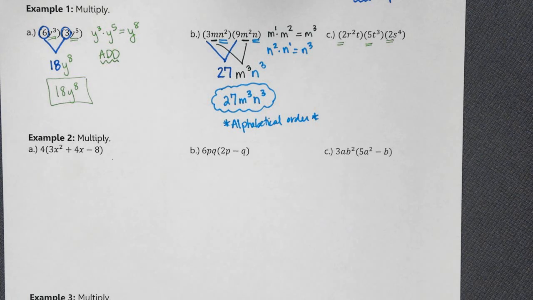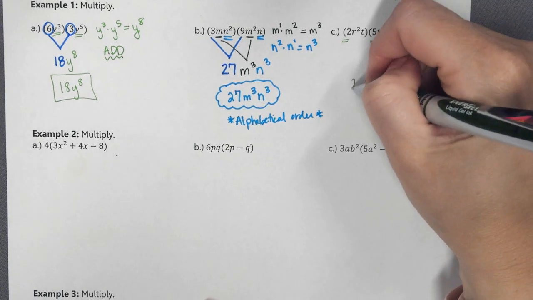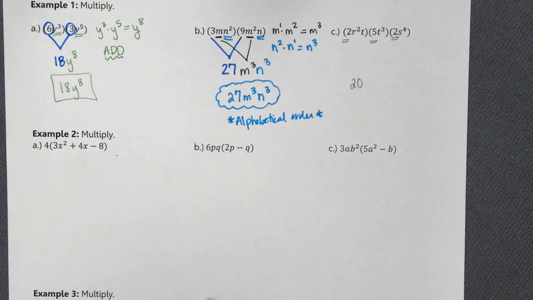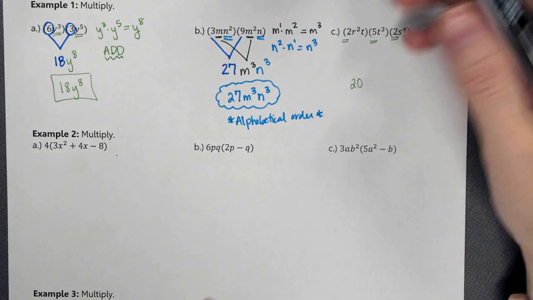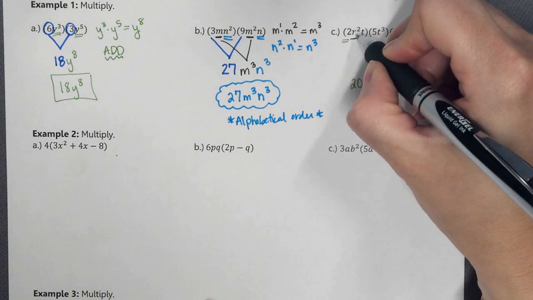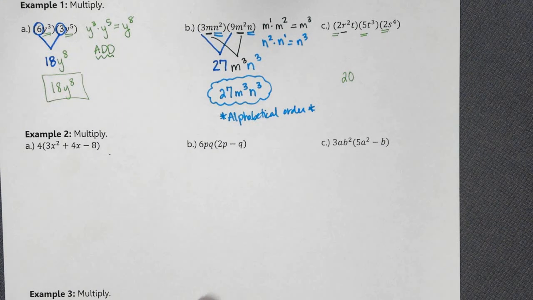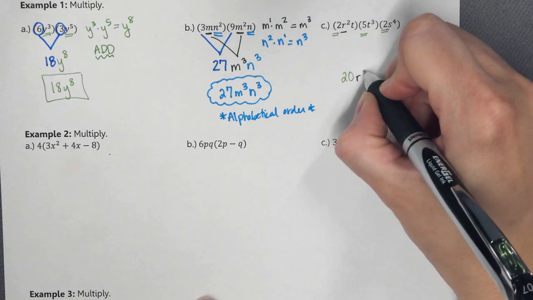Avery, what did you get for the numbers when you multiplied all those together? Good. Then I would just go in order, like I would do the r's next. The only r you have is r squared, so that's just going to stay r squared.